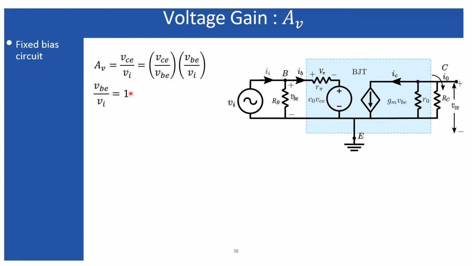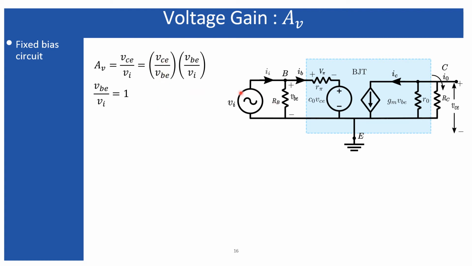What is VB to VI? There exists no additional element between the applied voltage and the base emitter voltage. So obviously the applied voltage is equal to VB and the ratio VB to VI is equal to 1. So we only need to find out the ratio of VC to VBE, this one.